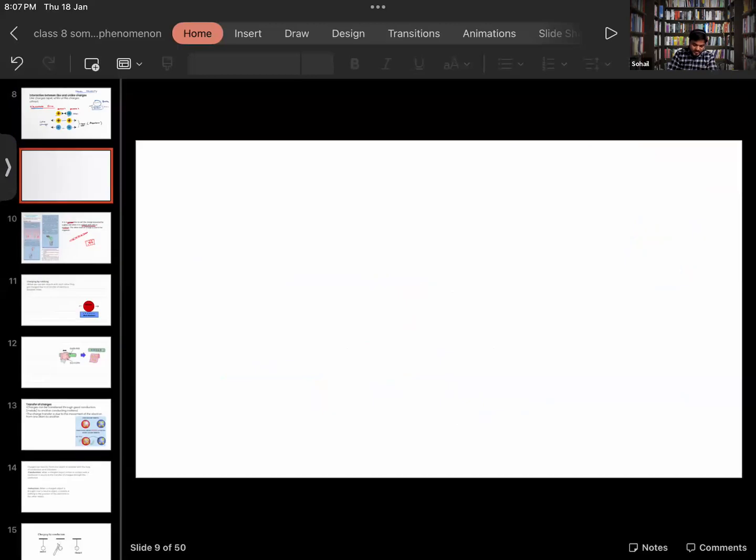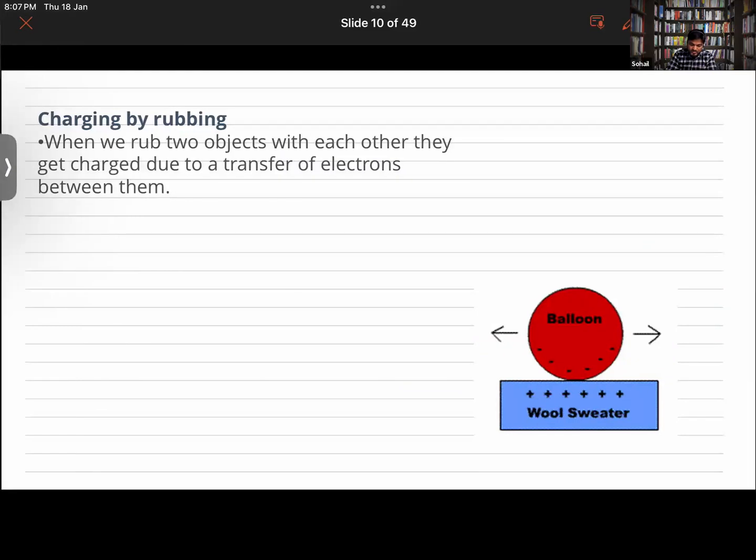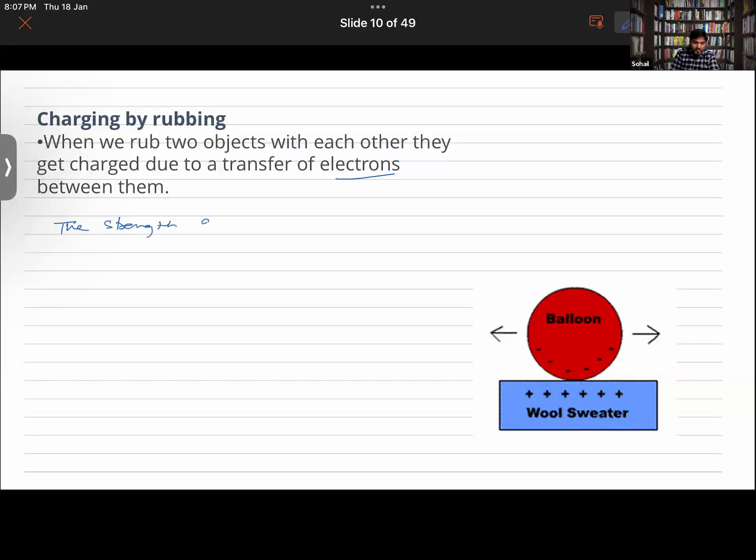Actually, my question is that the strength of an electric charge will depend on what factor? I mean, how much charge will develop on this balloon and how much charge will develop on this woolen sweater.